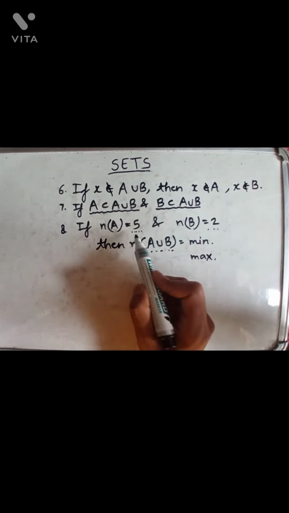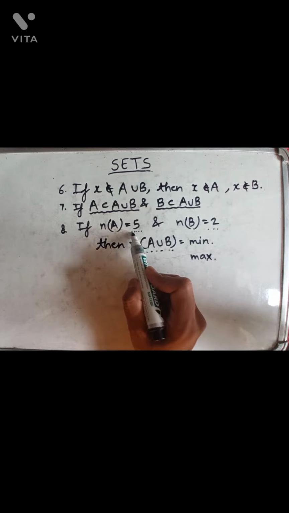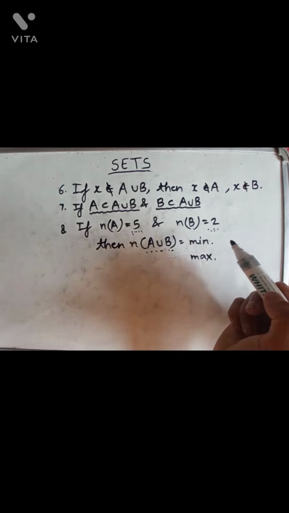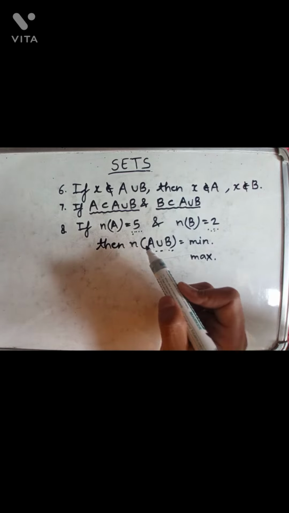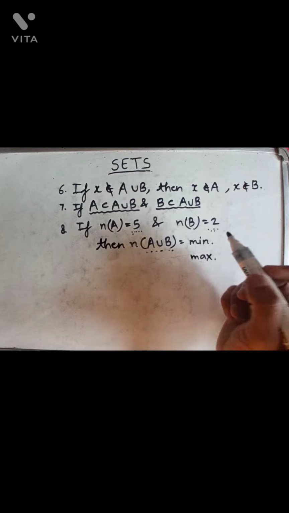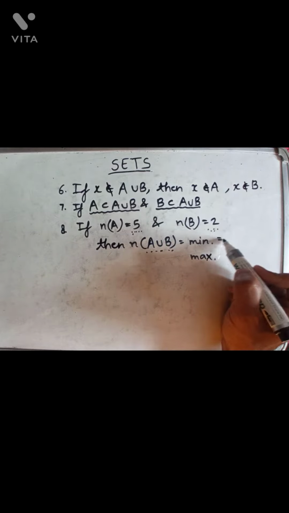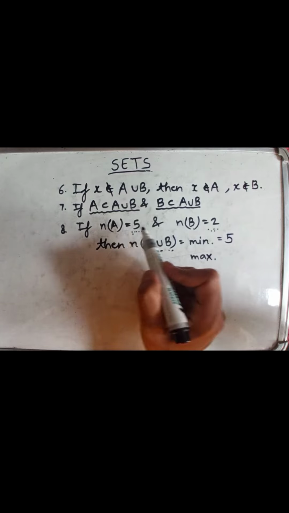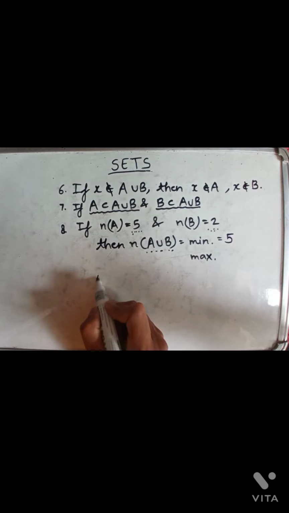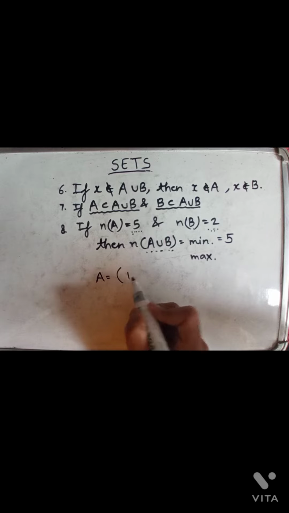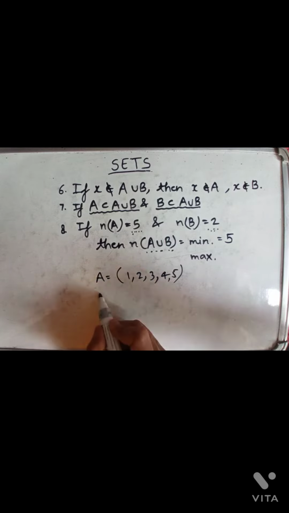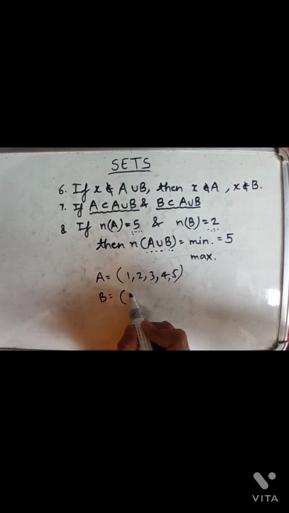So here, as you see, the number of elements in A is 5 and the number of elements in B is 2. So the minimum number of elements in A union B will be equal to 5, because A contains 5 numbers. Let's take an example that A is 1, 2, 3, 4, 5 and B is, suppose, 9 and 10.